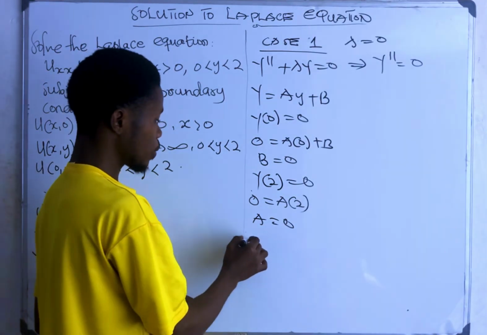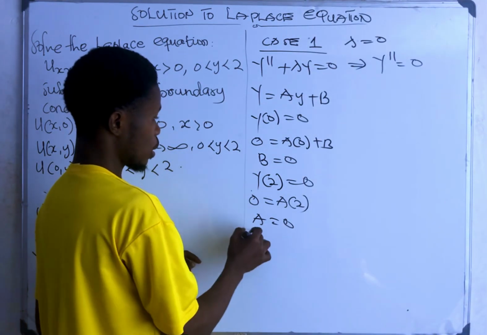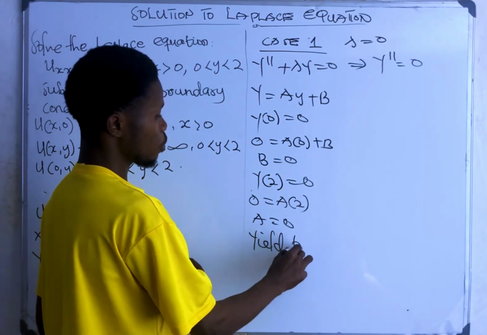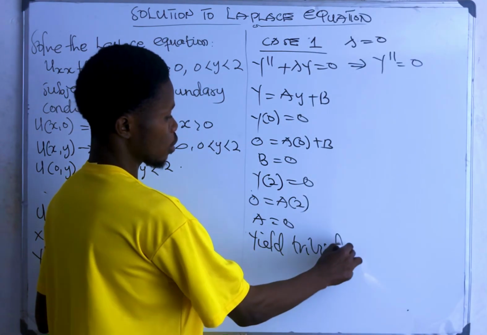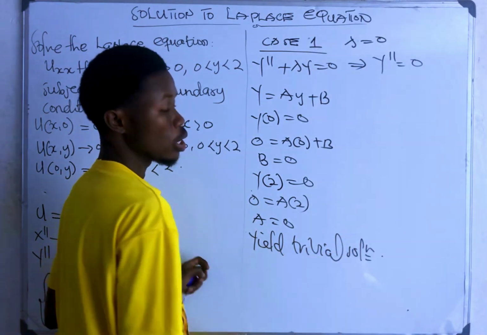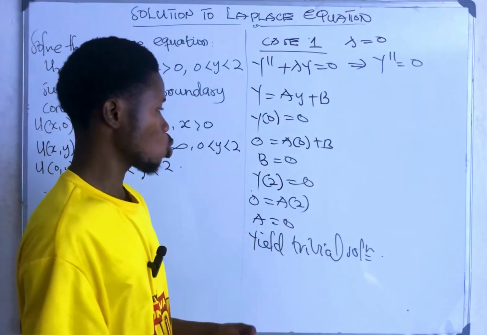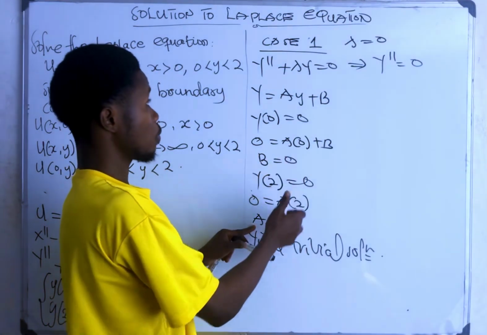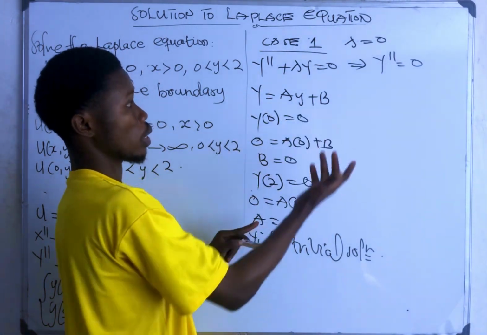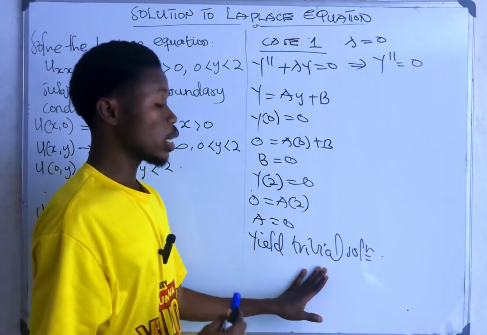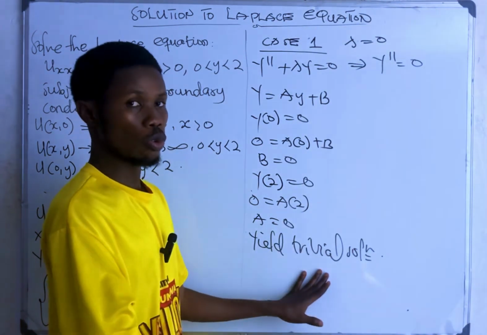When this happens, we say that this equation yields a trivial solution. When you say trivial solution, it means that we are just getting zeros. Once a is 0 and b is 0, if I substitute into this equation, I get everything to be 0. So when it happens like that, it means that you need to go to the next case.